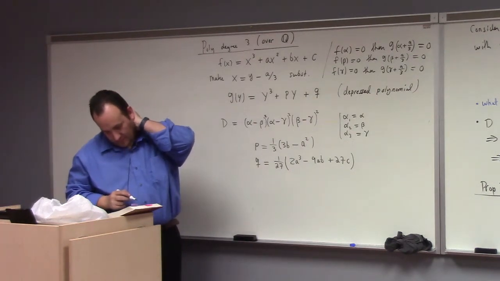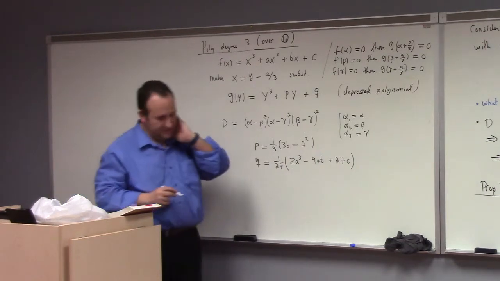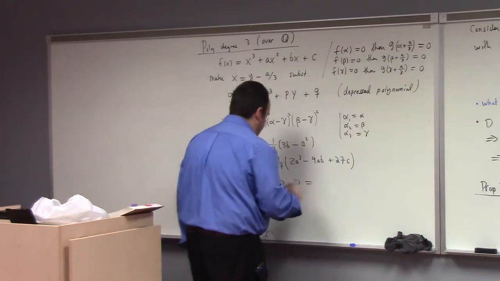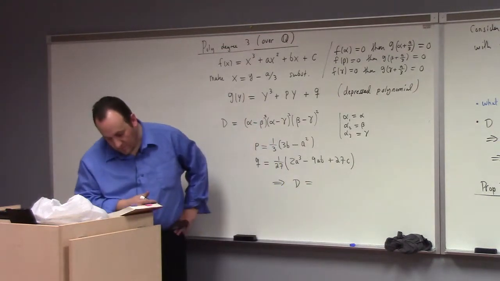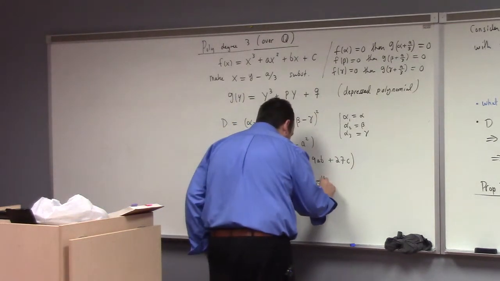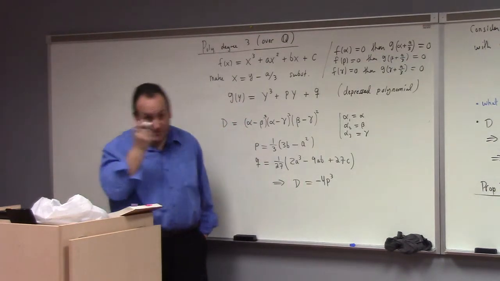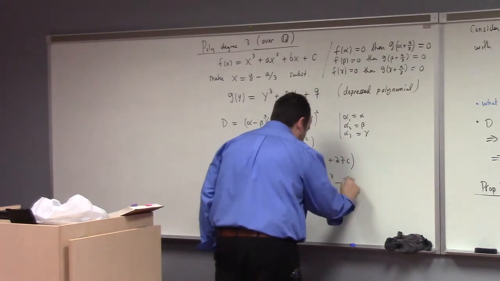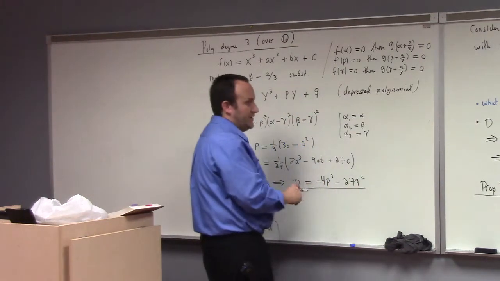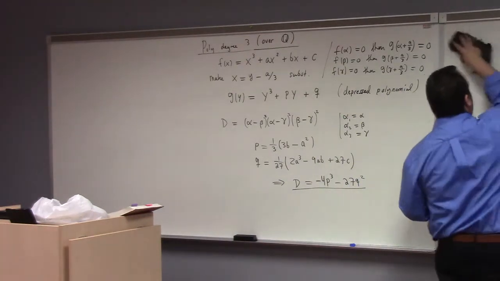And he gives the algebra here and ultimately shows that this implies that the discriminant in this case, and this is not obvious, works out to minus 4p cubed minus 27q squared. And you're like, well, that's great, but I only want to know about a, b, and c. Well, what's the discriminant in terms of a, b, c?